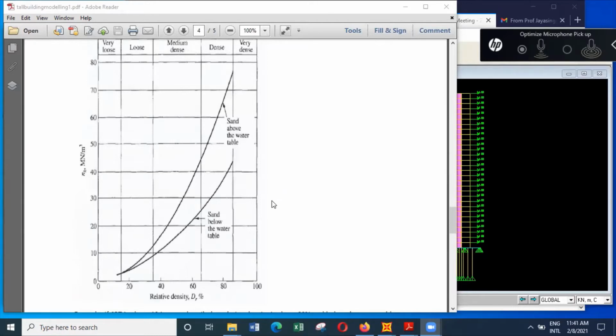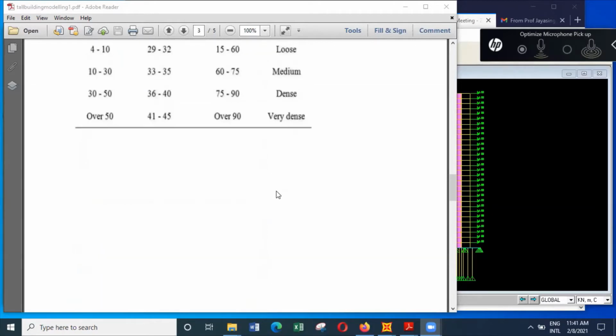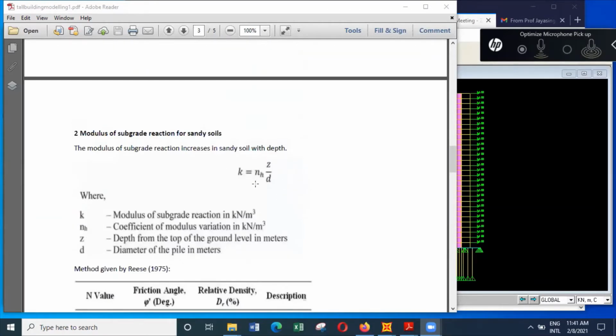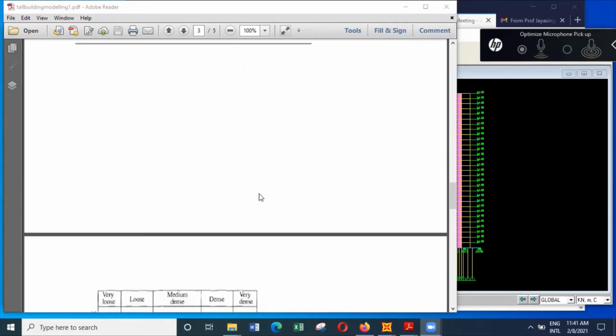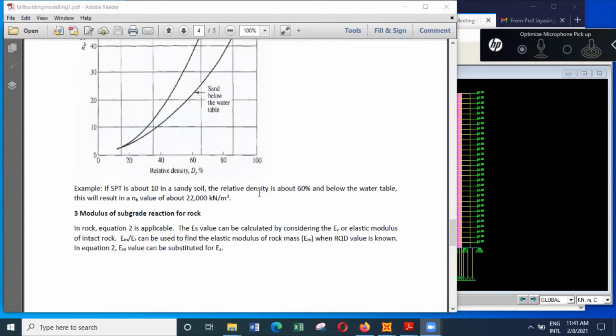It will increase with the height. Based on the SPT value, you can work out the type of sandy soil available. Then for every 1 meter, you increase the value by the quantity calculated here. So once you know the value of nh, you can work out the variation of spring constant.